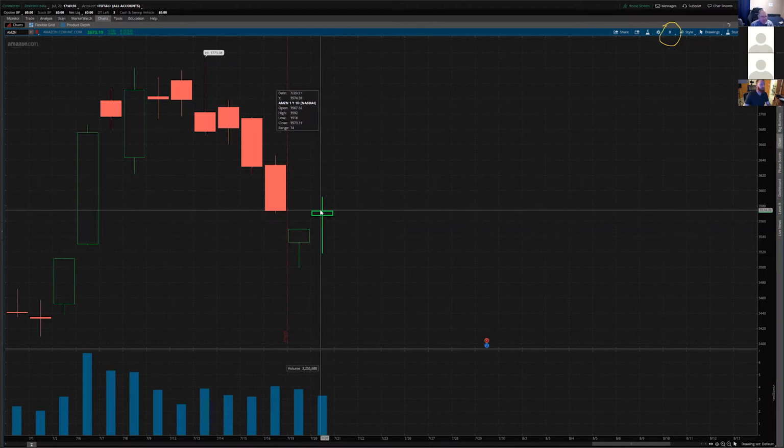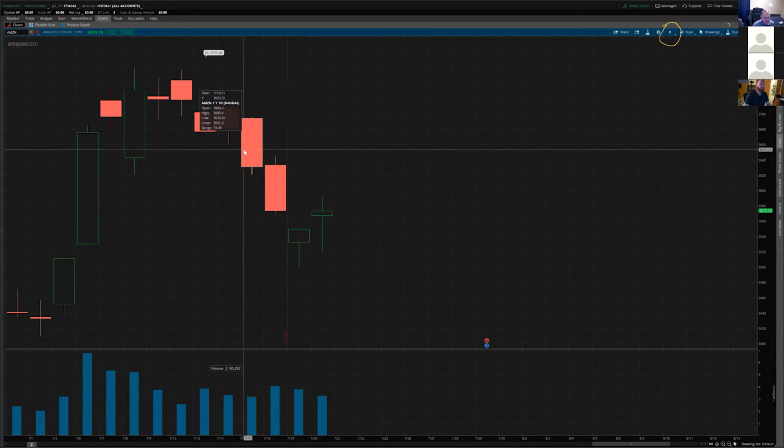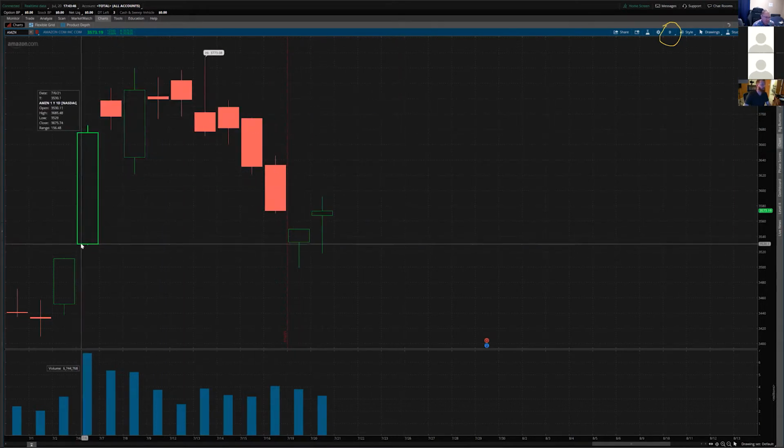I can see on mine, it opened at 35.67, it closed at 35.73. So that's what you're looking at when you're looking at candlesticks. You can see on this one it started out at like 35.30 and went all the way up to 36.75. So it closed at a high price on that day.